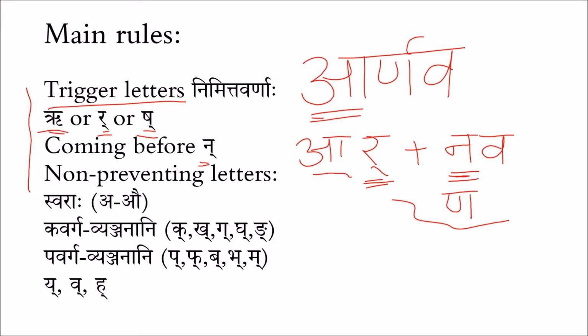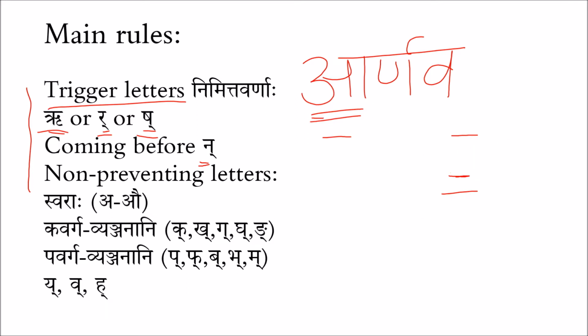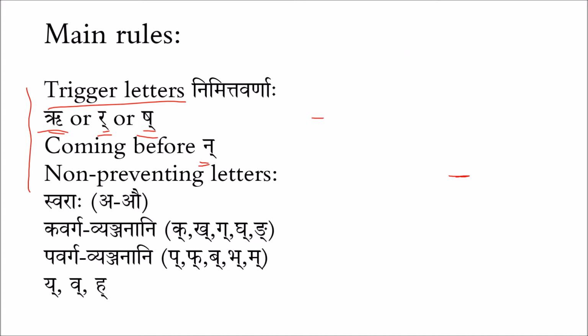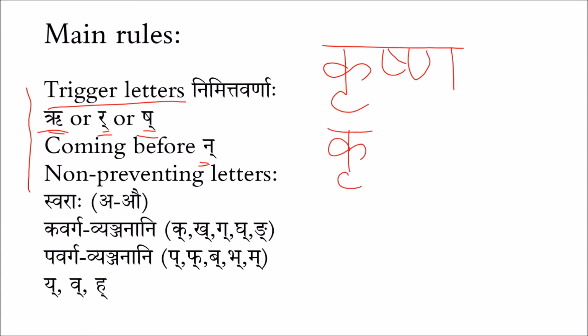Another example is Krishna. We take the example of Krishna. Here there is Kru, and after that there is a Sh, which is one of the trigger letters, and then there is Na.